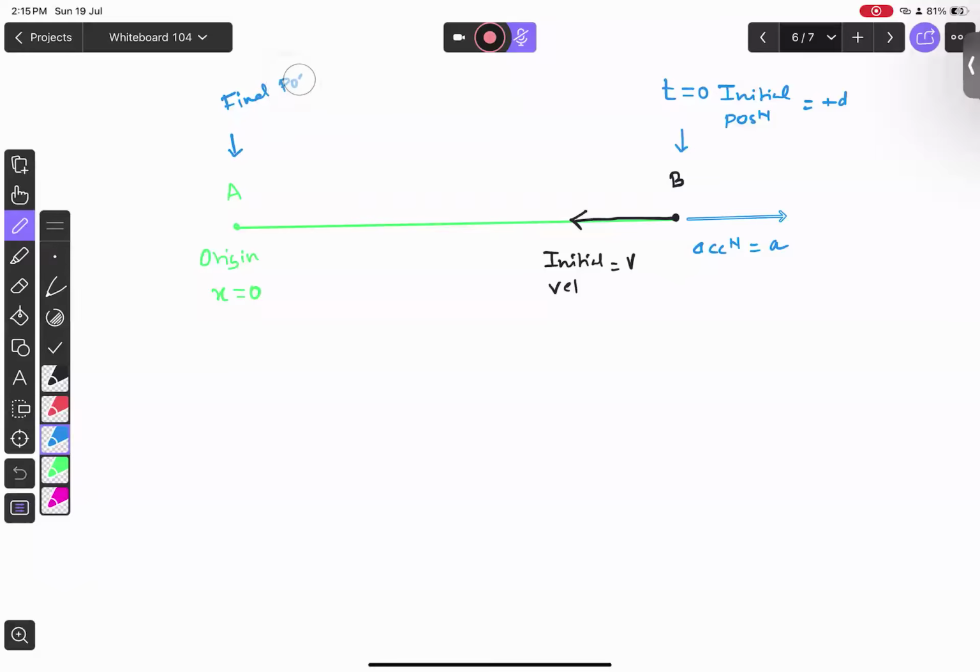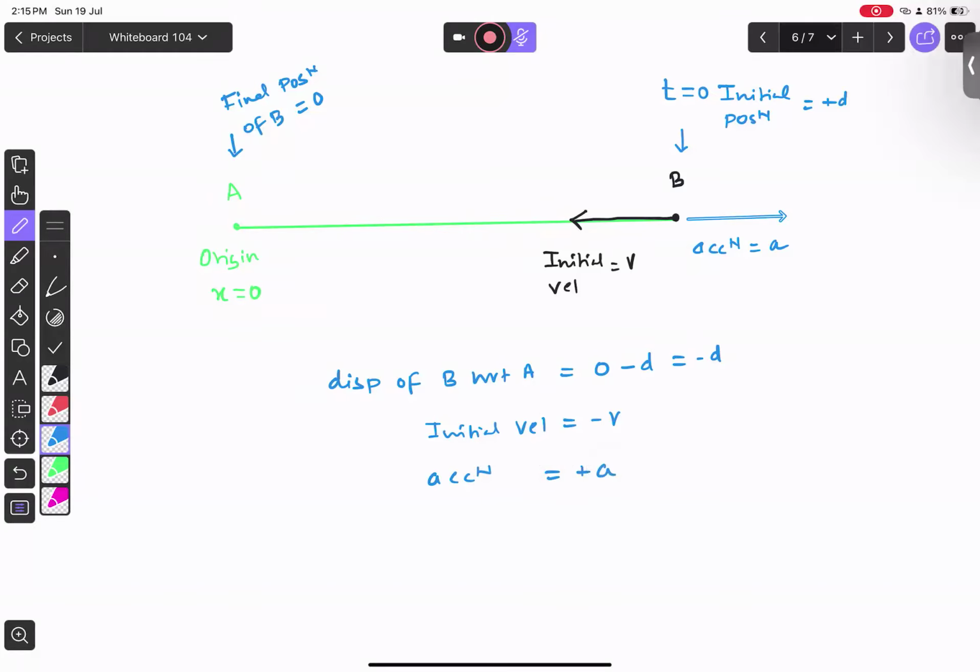Origin, that is 0 with respect to A. So how much is the displacement of B with respect to A? Final position 0, initial position D, so minus D. What is the initial velocity with sign convention? Minus V. What is the acceleration with sign convention? Plus a.